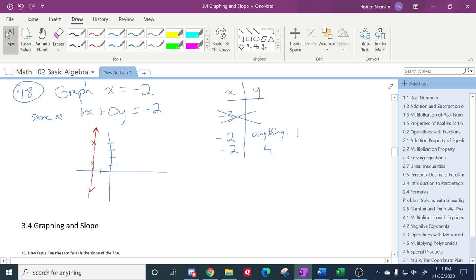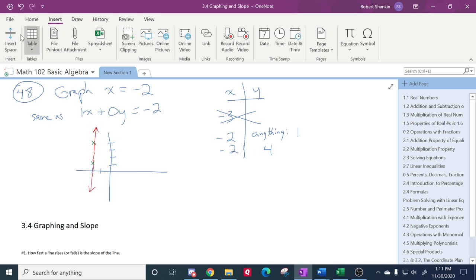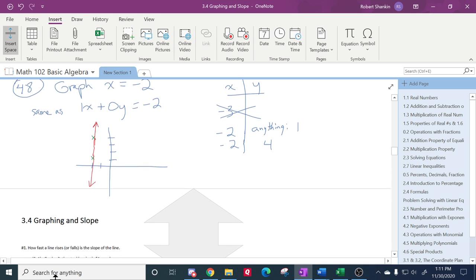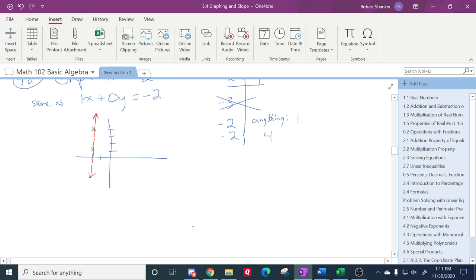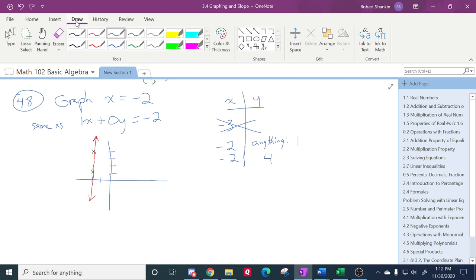And number 50 is kind of similar, but it's different enough. I'm going to do number 50. Let's switch color. Graph y equals -3.